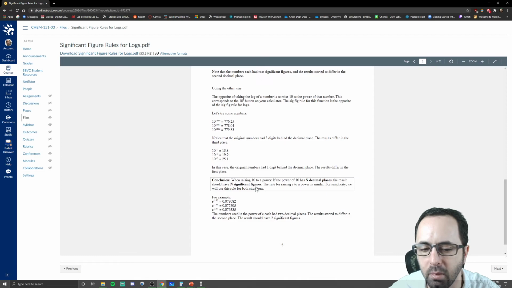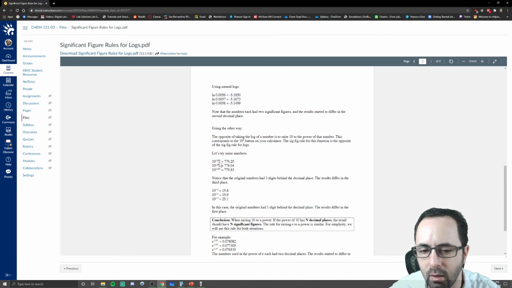Likewise, if you go in the opposite way, when doing the antilog of something with n decimal places, the result should have n sig figs. You'll notice that this one has 3 decimal places, and when I shift the third digit after the decimal, my number shifts at the 3rd sig fig. So that's where the last sig fig is.